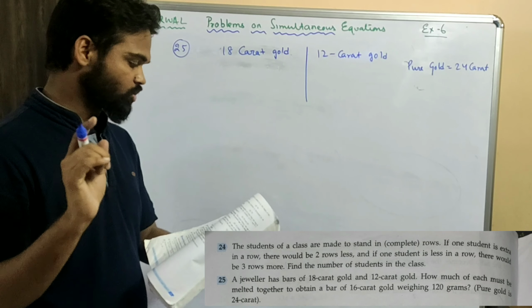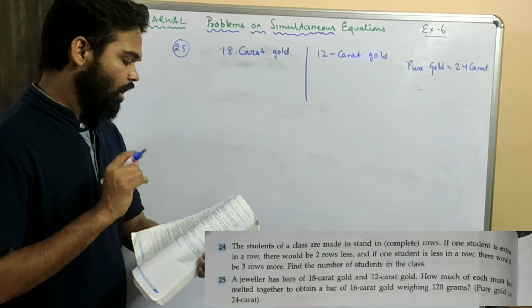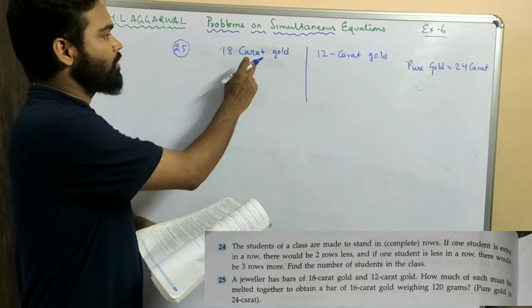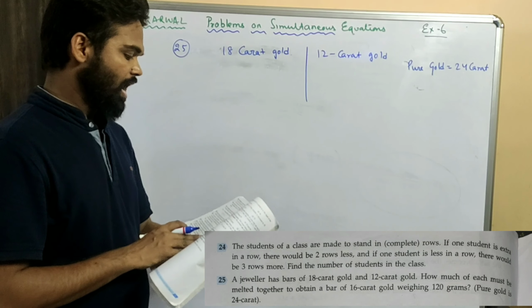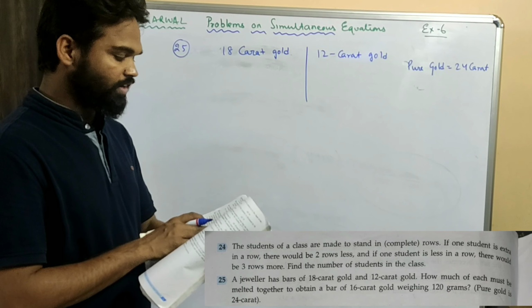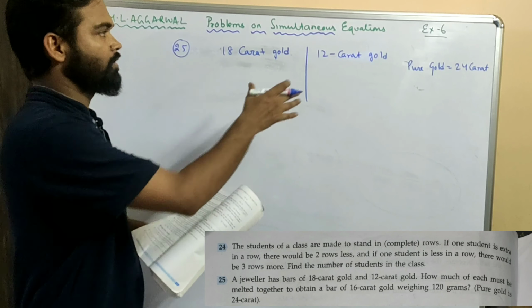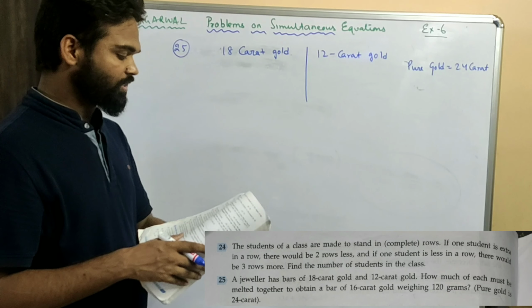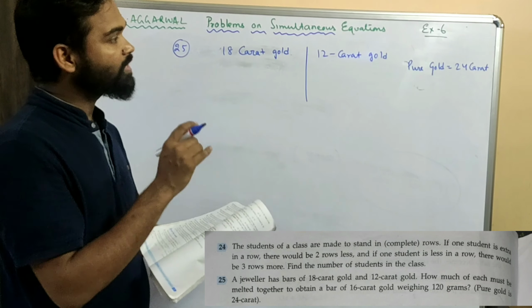Now look at sum number 25, a very important sum. A jeweler has bars of 18 karat gold and 12 karat gold. How much of each must be melted together to obtain a bar of 16 karat?